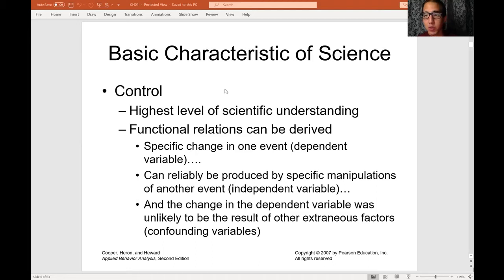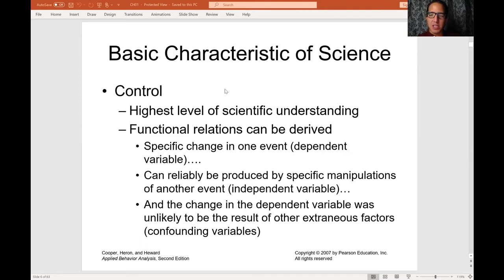All right, so control, the highest level of scientific understanding. This is how functional relations can be derived once we have established control over an event, right? So here we're trying to look at if there's a specific change in one event, dependent variable, and we're going to talk about dependent variable and how it relates.